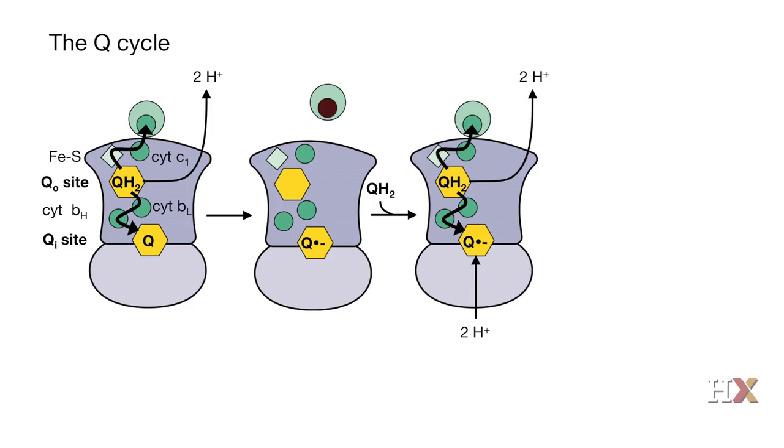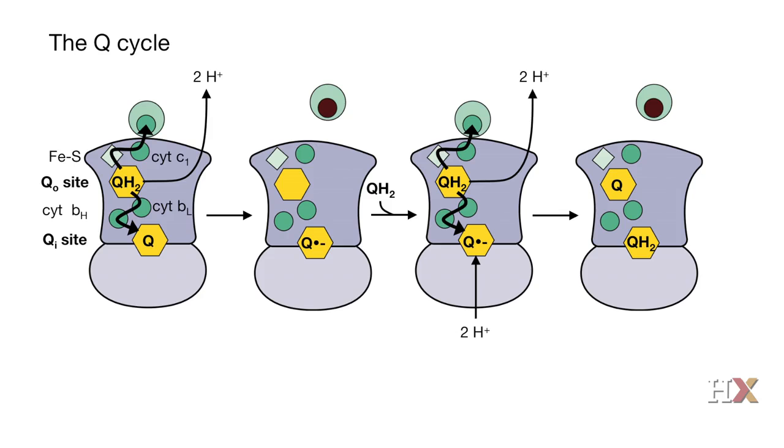So in the third step, the fully oxidized coenzyme Q, which is bound to Qo, will dissociate, and the fully reduced coenzyme Q, QH2, which is bound to the Qi site, will dissociate as well.